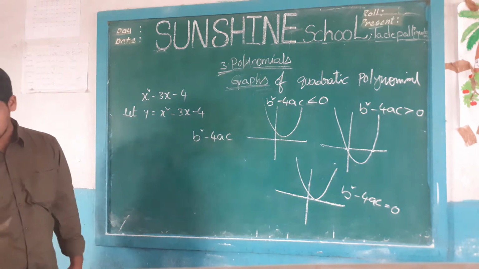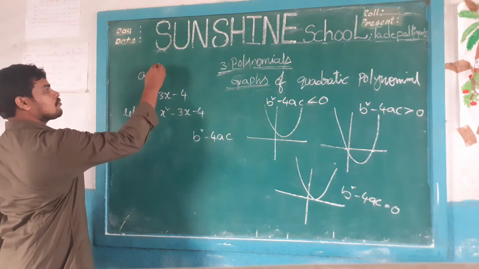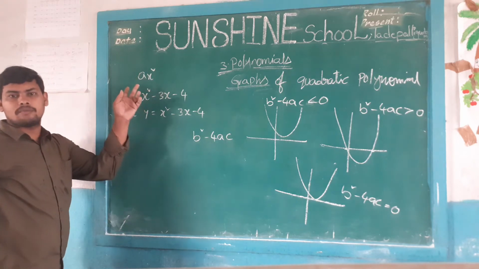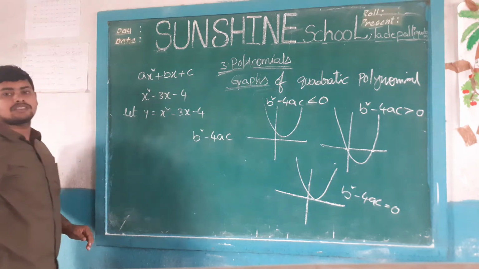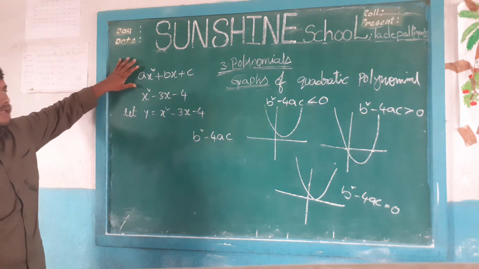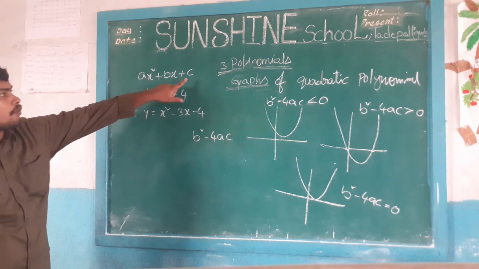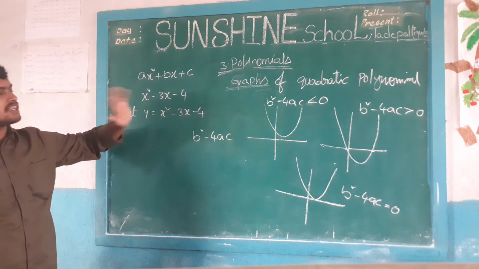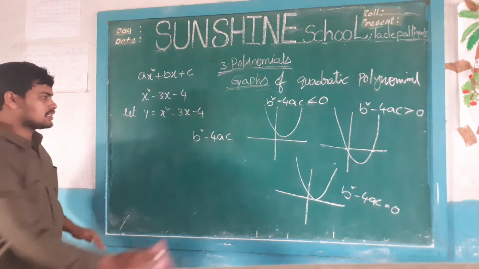So what is the value of b square minus 4ac? Every quadratic polynomial is in the form of ax square plus bx plus c. What is the a value here? Here the a value is 1. The b value is minus 3.